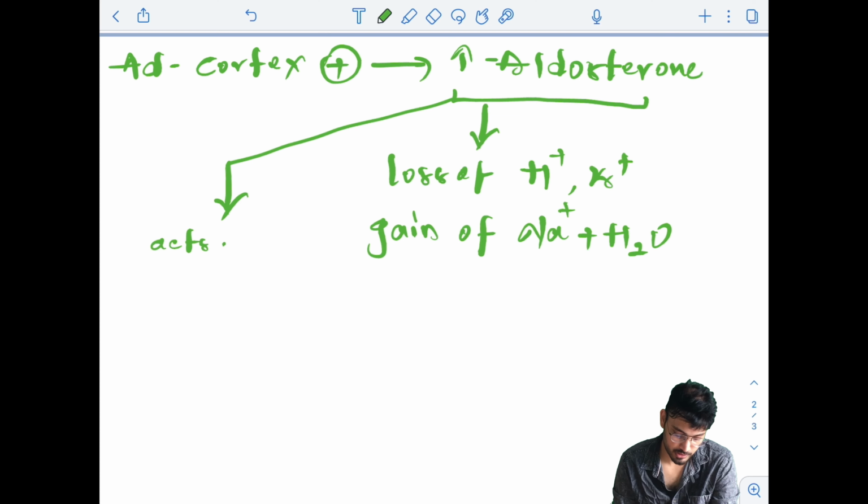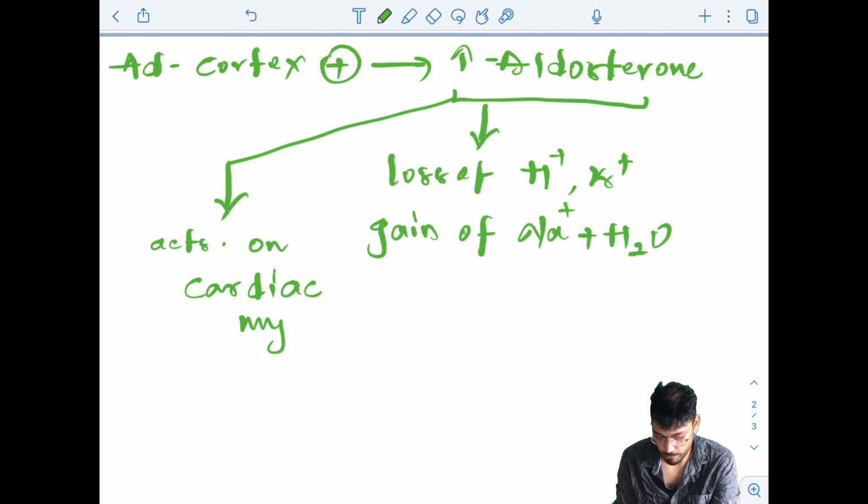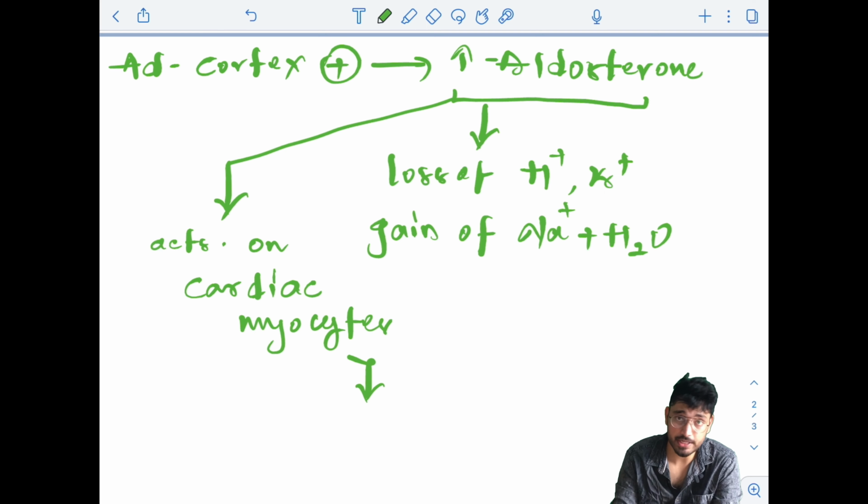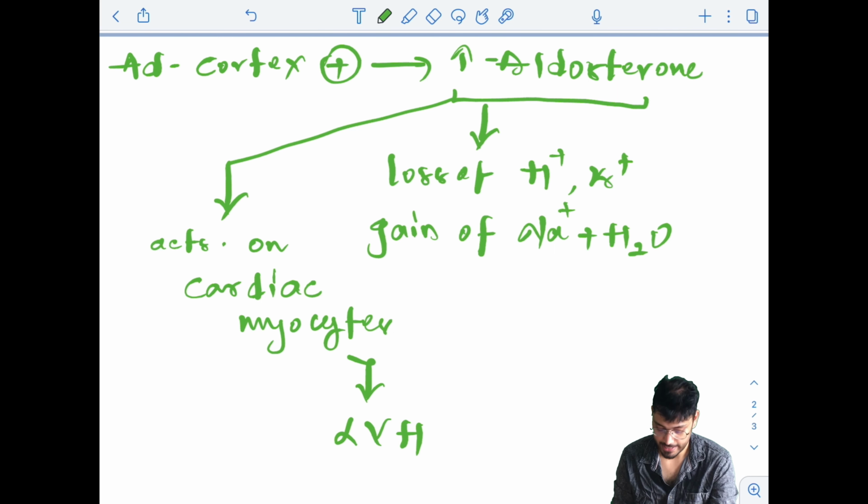This aldosterone also acts on cardiomyocytes, right? So this causes continuous stimulation of the cardiac myocyte, which may lead to LVH. What is LVH?